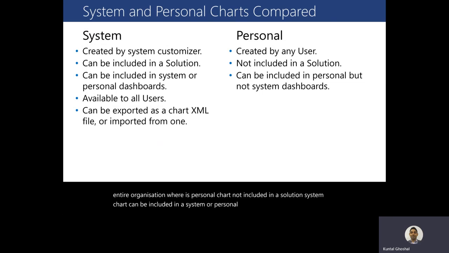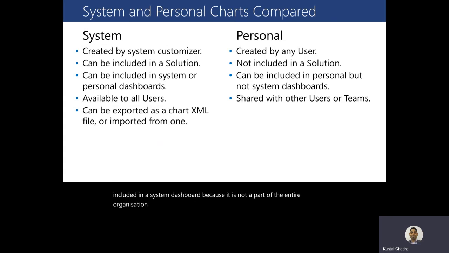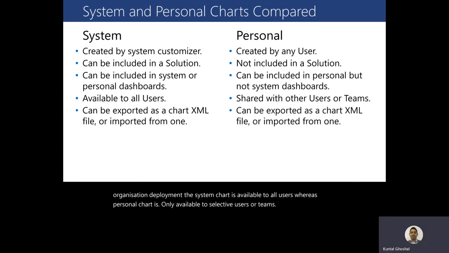A personal chart can be included in a personal dashboard only, but it cannot be included in a system dashboard because it is not part of the entire organization deployment. The system chart is available to all users, whereas a personal chart is only available to selected users or teams. As far as export is concerned, you can always export both types as a chart XML file.